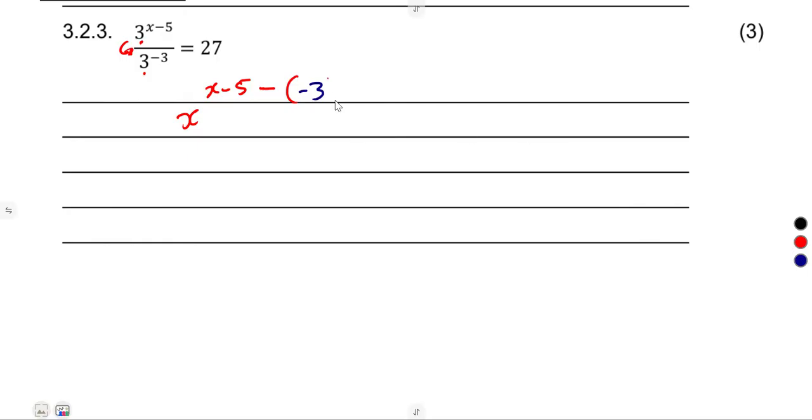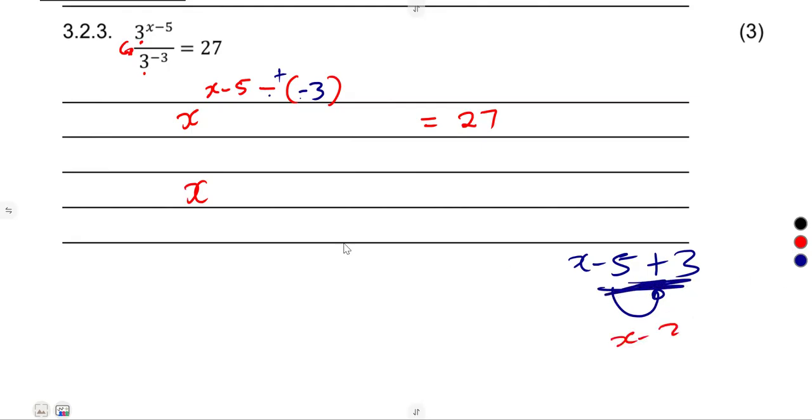Take note: same bases under a division, you subtract exponents. So this is equal to 27. Simplifying, remember, negative, that's a positive. So it's x minus 5 plus 3, which gives us x minus 2. Minus 5 plus 3 is minus 2.